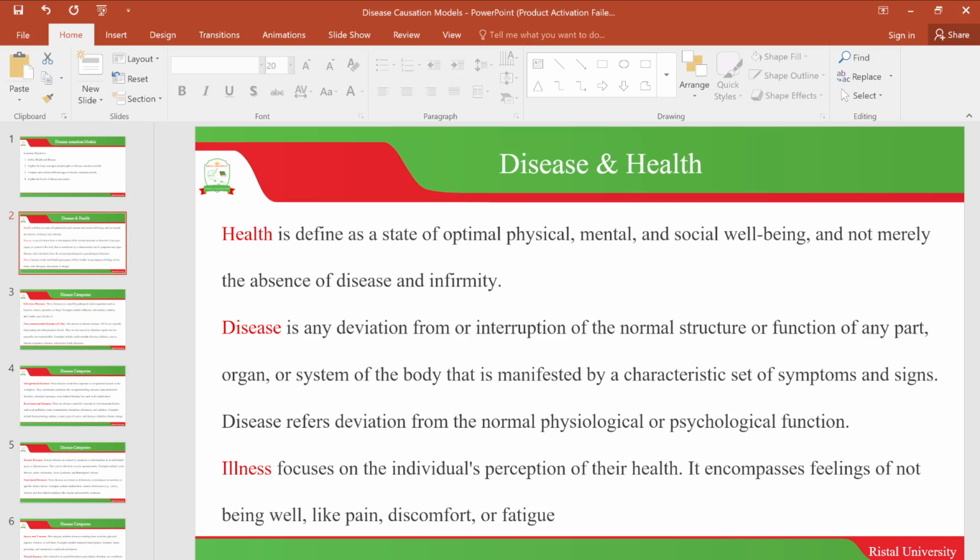And then of course we are looking at diseases. So when we talk about diseases, we are basically referring to the fact that your body is not functioning normally. There is a deviation from normal functioning of your body, or any part of your body.